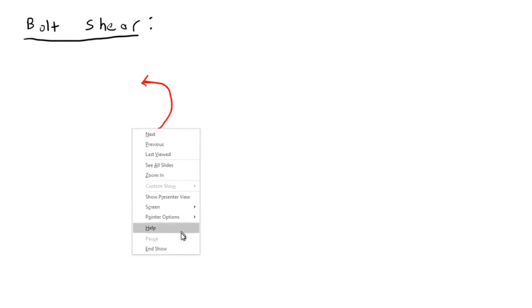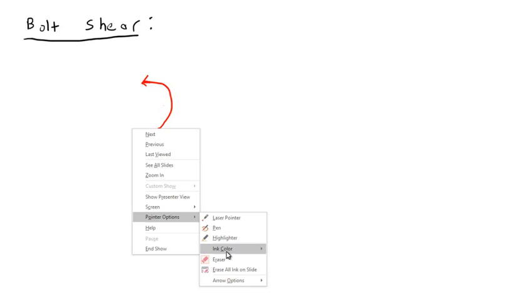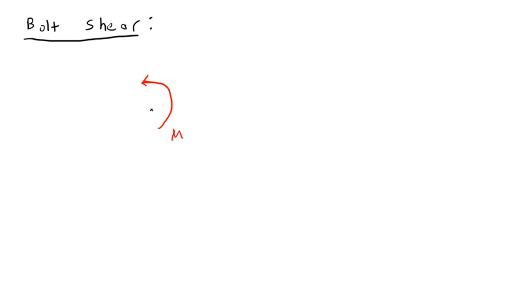Maybe I'll draw this as a hex bolt instead of a circular bolt. Let's draw a little hex bolt here. Something like this. And if this is looking at it from the front, from the side, it's going to look something like this. This is a very crude representation of a bolt.